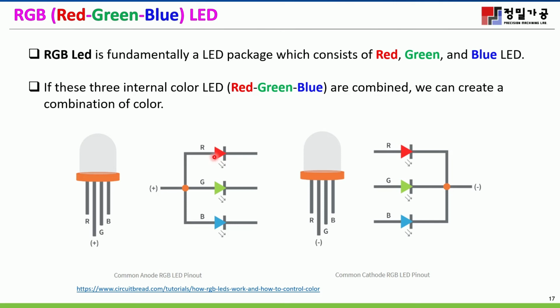It consists of red, green, and blue LEDs, and we drive this LED using a pulse width modulation signal and change the intensity of the light of the three LEDs.